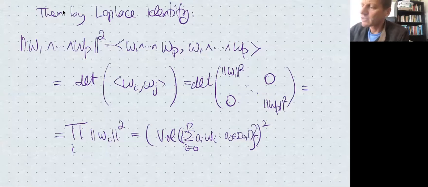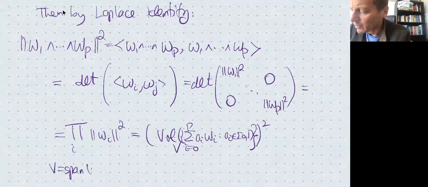This object inside the brackets is a box whose side lengths are given by the norms of these w_i's. So if I square the product, then I get the square of the volume. This is the volume on V in the previous notation. V is the span of the w_i's. Okay.